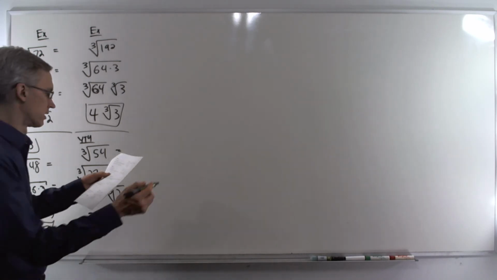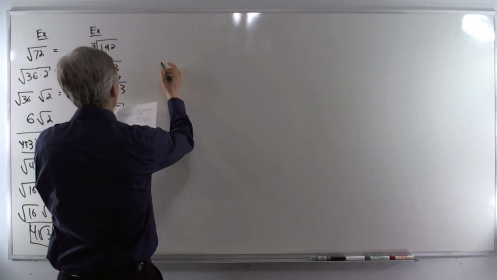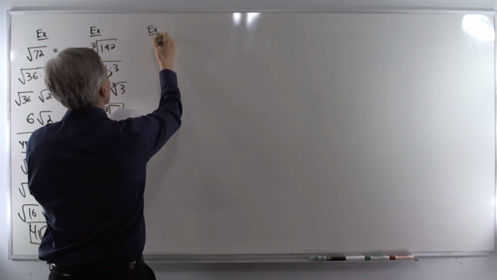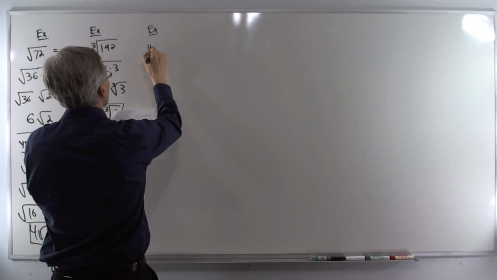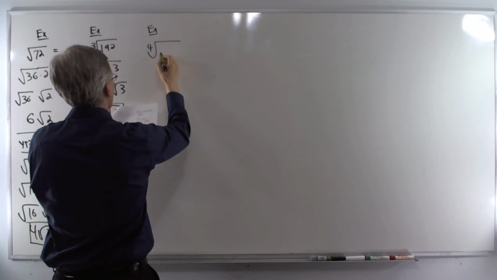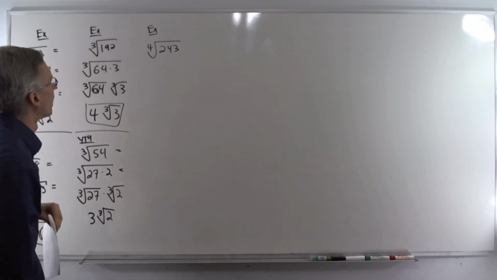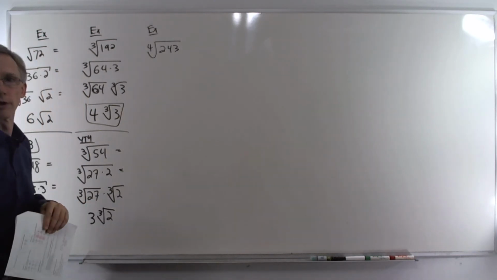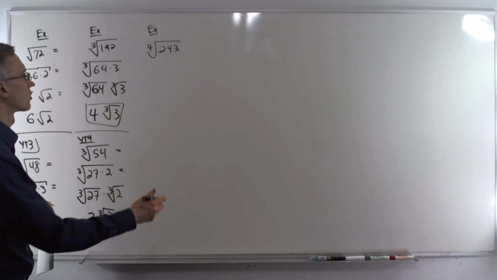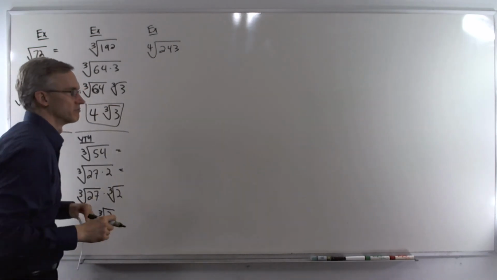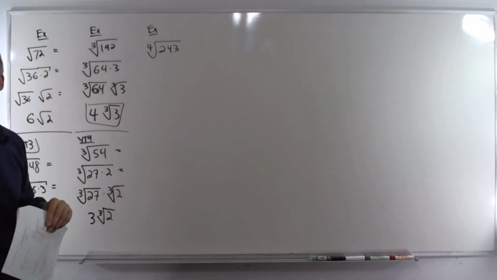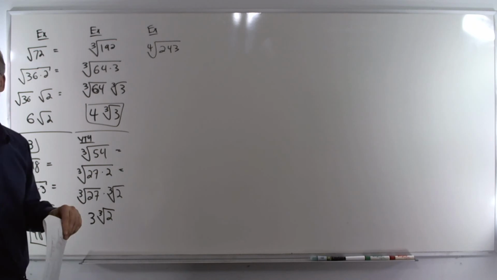All right, now let's try one with an index of 4. All right, so we've got fourth root of 243. So now we want perfect quads. Not a technical math term, just, there you go, squares, cubes, what are we going to call them?